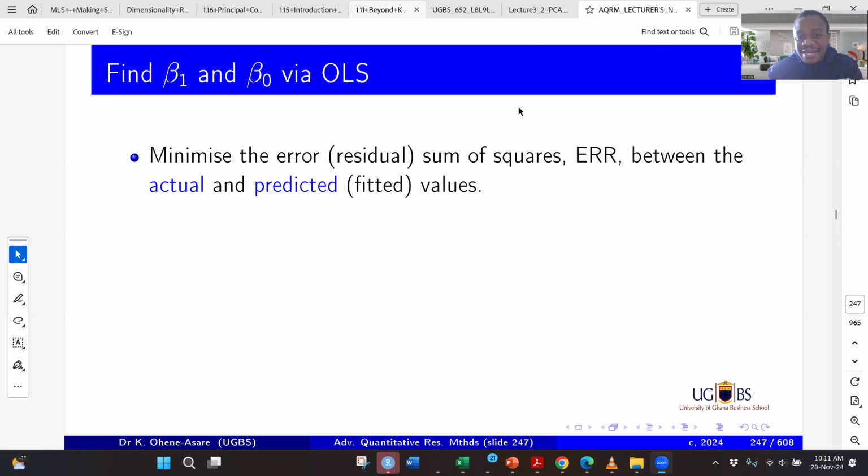You must now square the error and then take the sum of the errors. This is what we are minimizing. So we are minimizing the error sum of squares. I wrote ERR, it is supposed to be ESS.